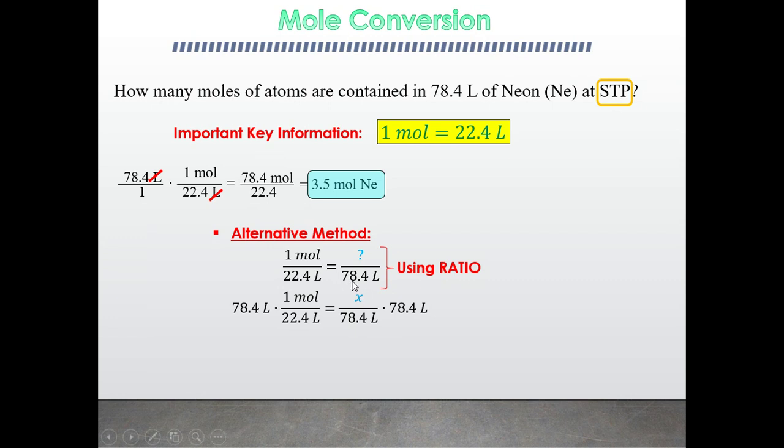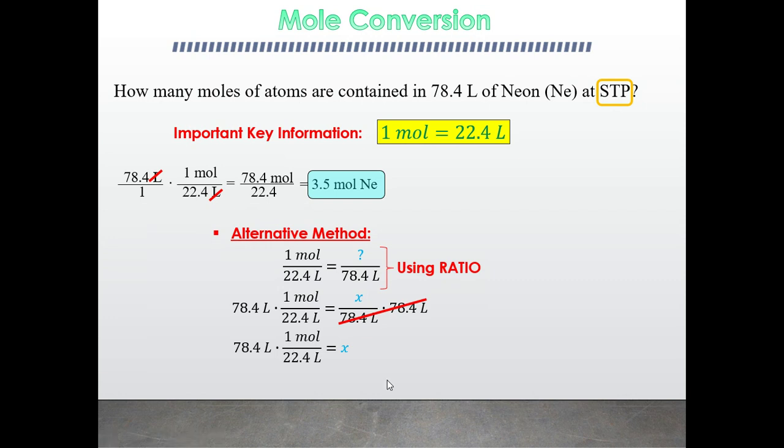Instead of dividing by 78.4 liters, you multiply both sides by the same value. I multiply both sides by 78.4 liters, and then liters cancel out nicely. The only unit left over is moles.